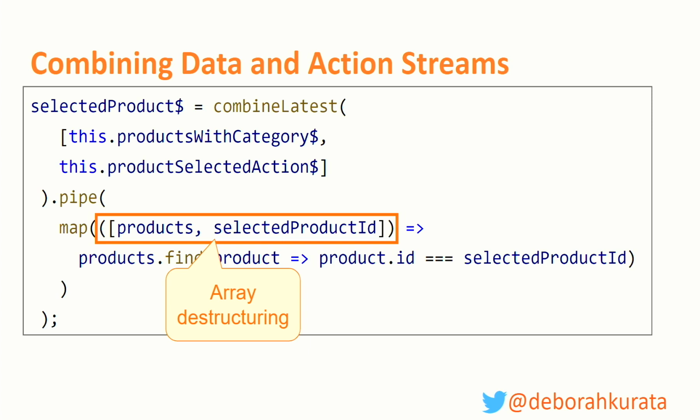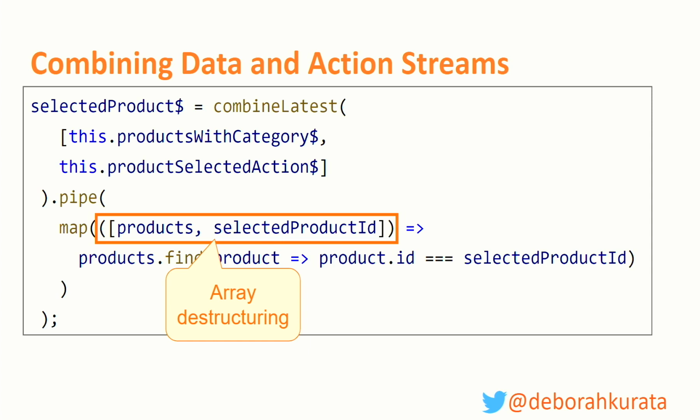We're going to pipe that through, and again, we are using array destructuring, so that first stream that I'm getting is going to emit an array of products, so I'm calling that products. The second stream that I have there is emitting the product ID of the product that the user clicked on, so I'm just calling that one selectedProductId.